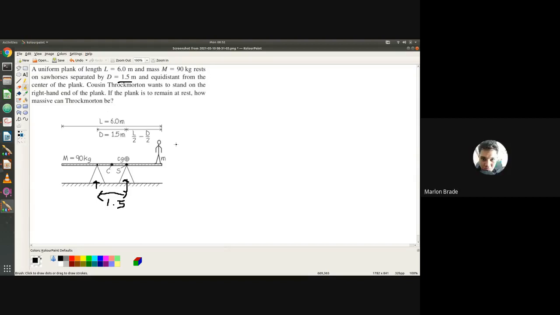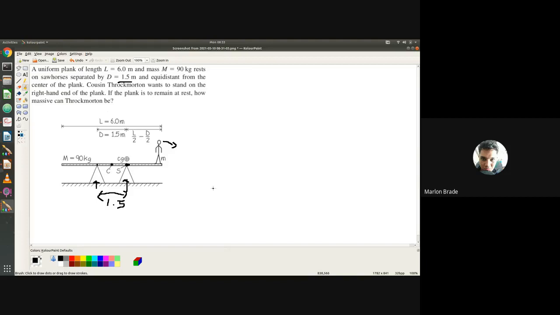Nasa tunga. Ang center of gravity pod naa sa tunga. Okay? Right? Kung wala pa mosakay si Throckmorton. Pag sakay ni Throckmorton, asa ang center of gravity? Nasa support, dahil sa support. Kining duol kang Throckmorton, mao ni ang CG.